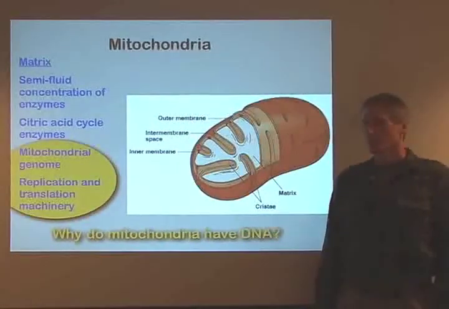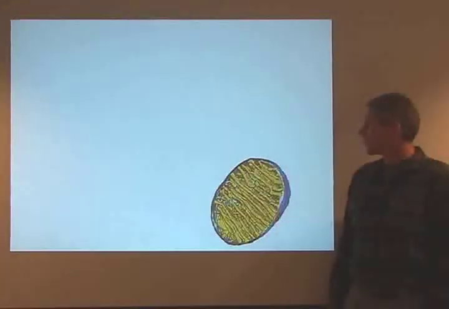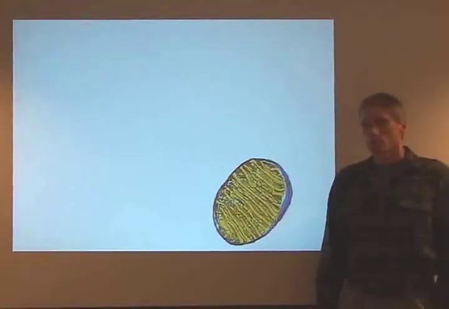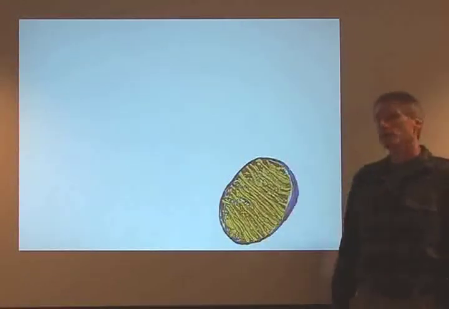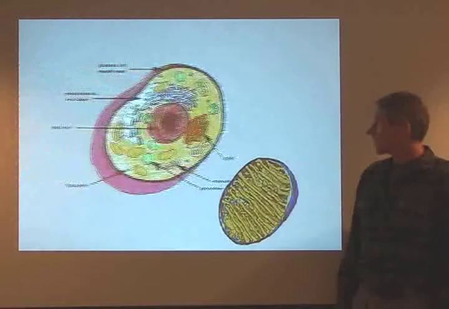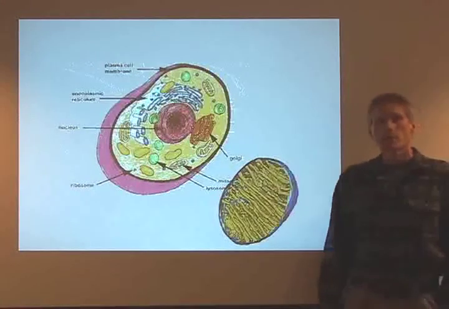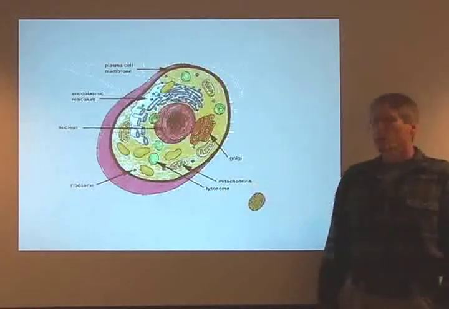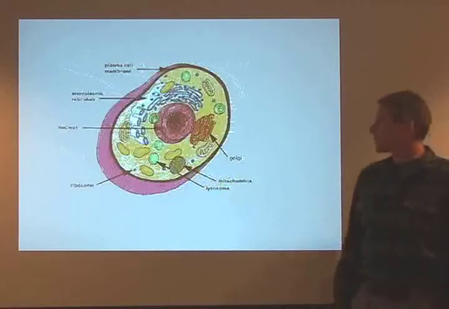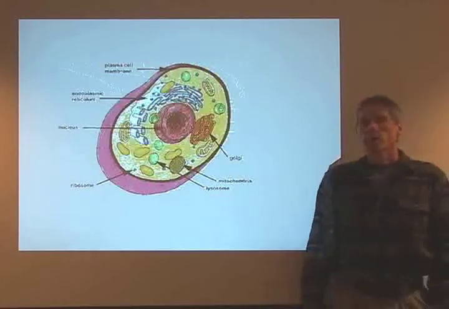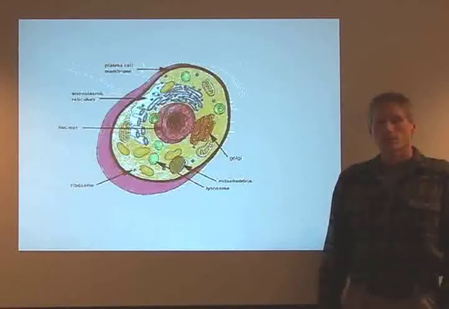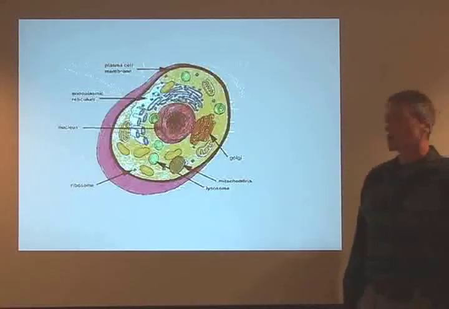That's because mitochondria used to be bacteria in the ancient world. The hypothesis is that in evolution, when the first eukaryotic cells were formed, the mitochondria were taken up into cells, and eukaryotic cells used them as part of their energy-creating machinery.